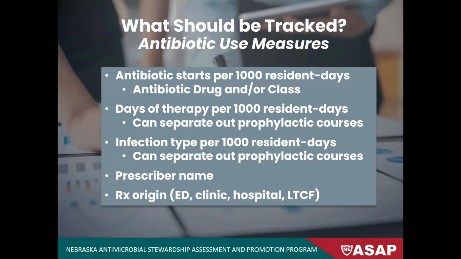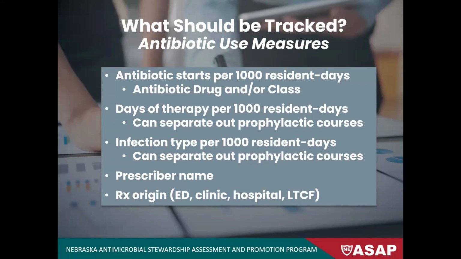When I talk about antibiotic use, that means anything related to the antibiotic itself and what you're counting. So the 2 main things are the number of antibiotic starts, and then the days of antibiotic therapy. Some additional information you can track, again, to get the most helpful information for your reporting, is which drug is being prescribed, what it is being prescribed for, so your infection type, and then additionally the prescriber name.